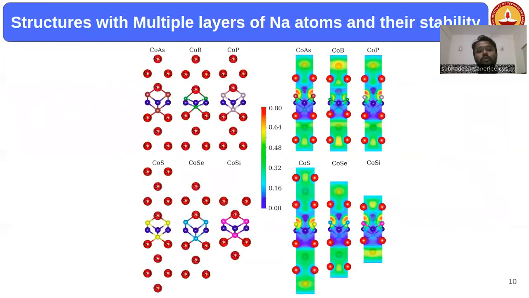Next, to check their energy storage capacity, we have performed the multi-layered sodium atom loading on the cobalt anti-MXene surfaces, and based on the adsorption energy values, we observed that we can load up to 3 layers of sodium atoms on both sides of cobalt arsenide, cobalt boride, cobalt phosphide, and cobalt selenide surfaces.